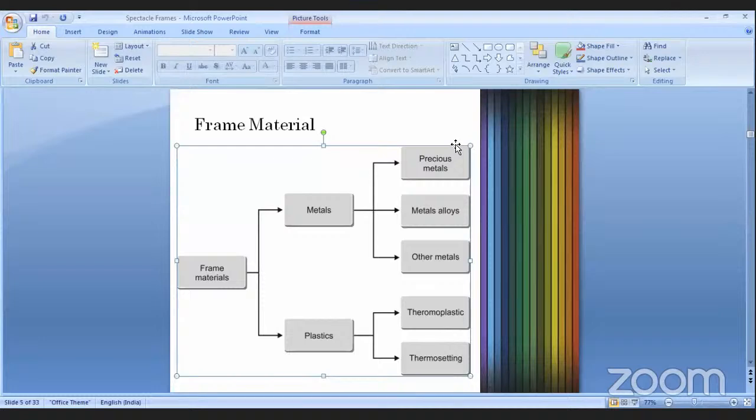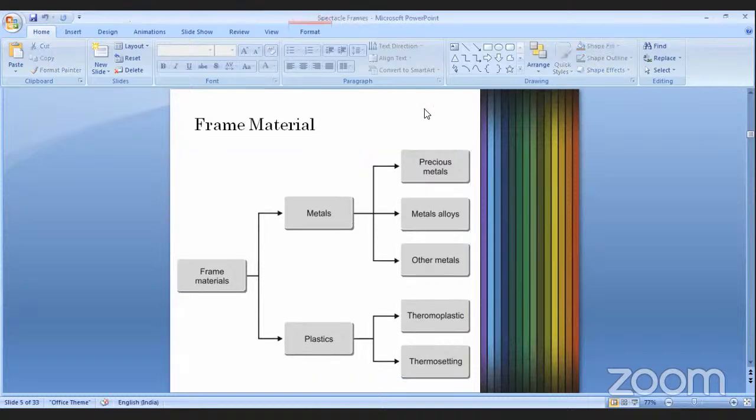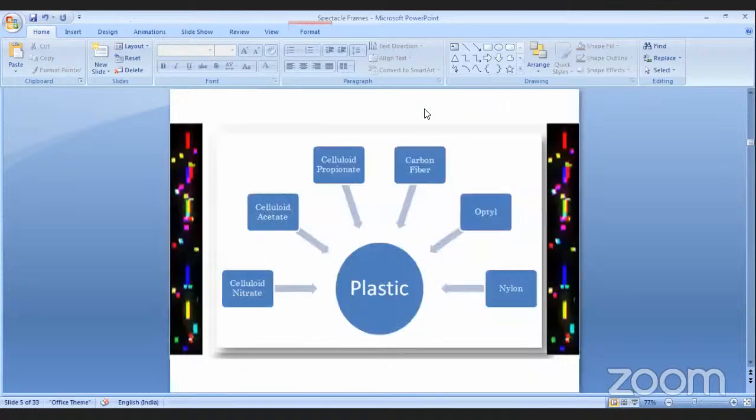One is thermoplastic material, another is thermosetting. Different varieties of plastics are used to manufacture spectacle frames: celluloid nitrate, celluloid acetate, celluloid propionate, carbon fiber, optyl, nylon. There are different manufacturing technologies used for each of these.